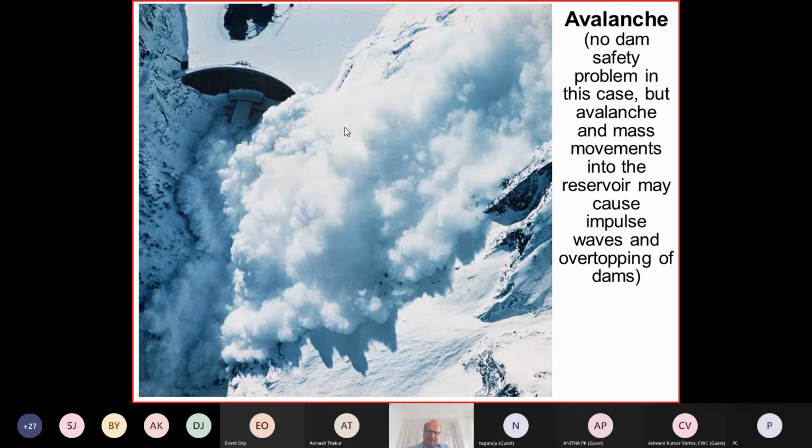It's beside the point, but I would say these powder snow avalanches have no effect on the dam, but it looks very spectacular. But if this were a rock fall mixed with rocks and so on, it would be a big problem.